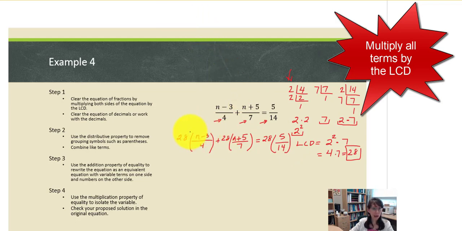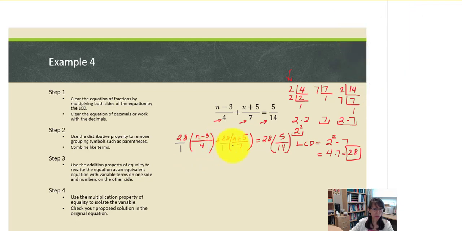So what's going to happen here? 28 is not just floating anywhere. 28 is an integer. It's 28 over 1. So maybe that will help us to do some tracking better.